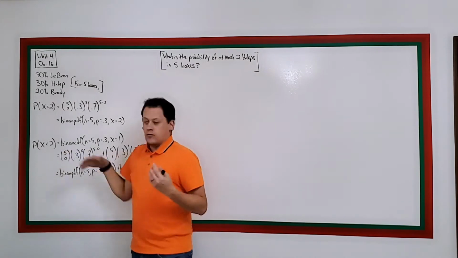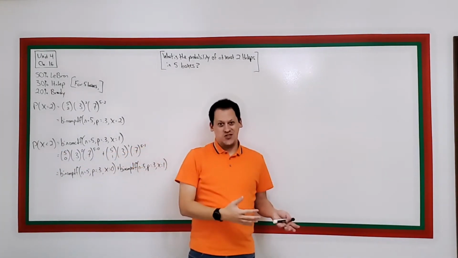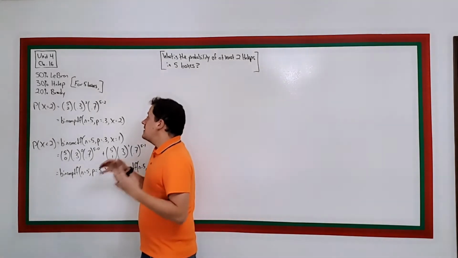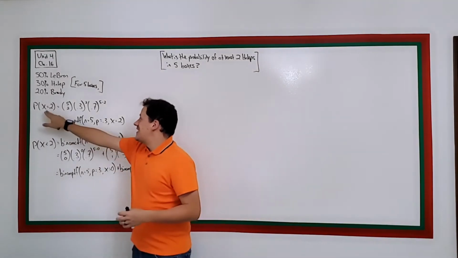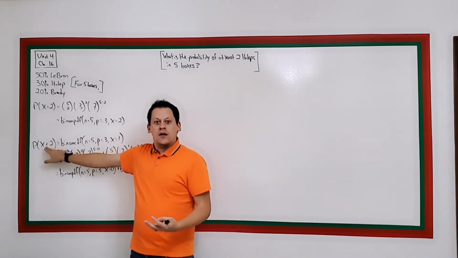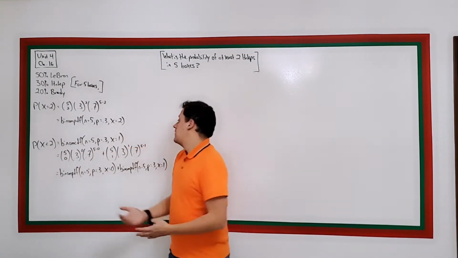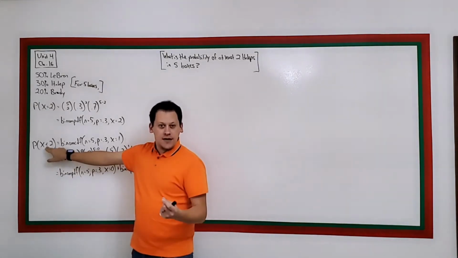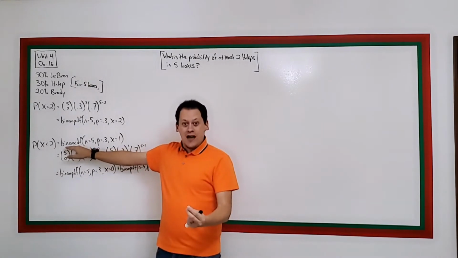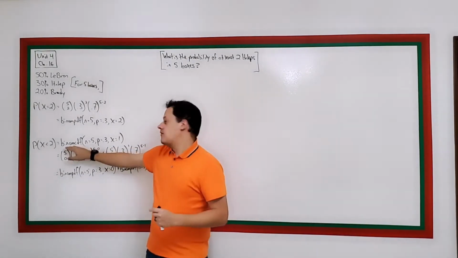We then asked, well, what's the probability of getting less than 2 successes in those 5 trials? And that does change things a little bit because it's not equal to 2, it's any number less than 2. So the most straightforward way to answer this question, because this is an inequality symbol instead of an equal sign, is to use the binomcdf function on the graphing calculator.